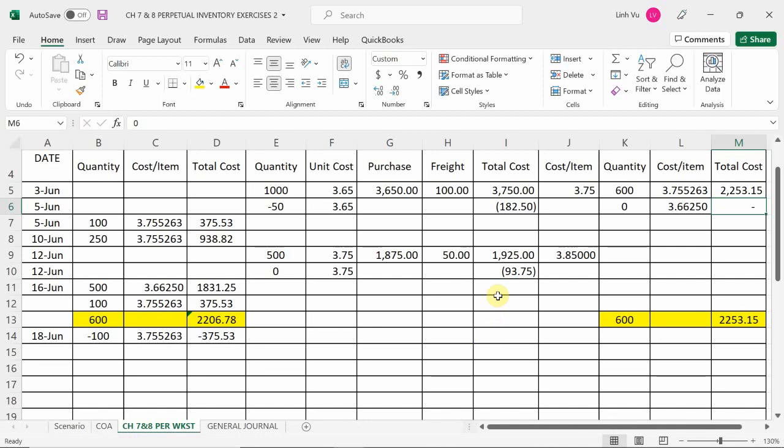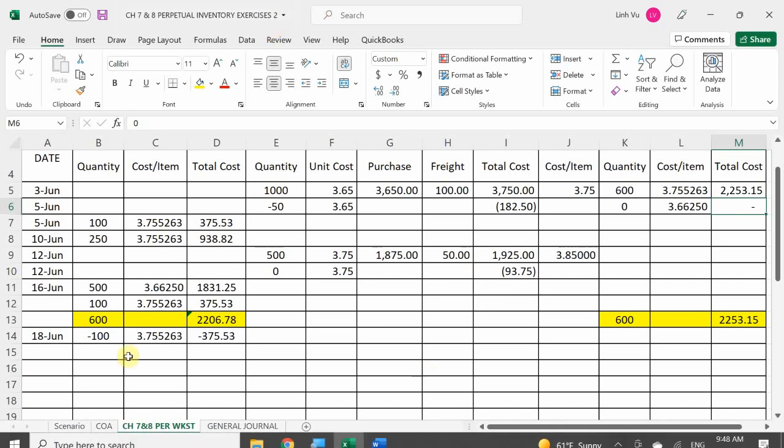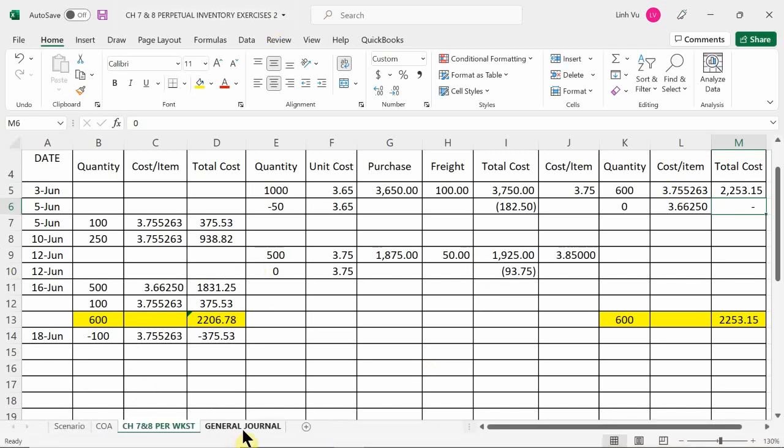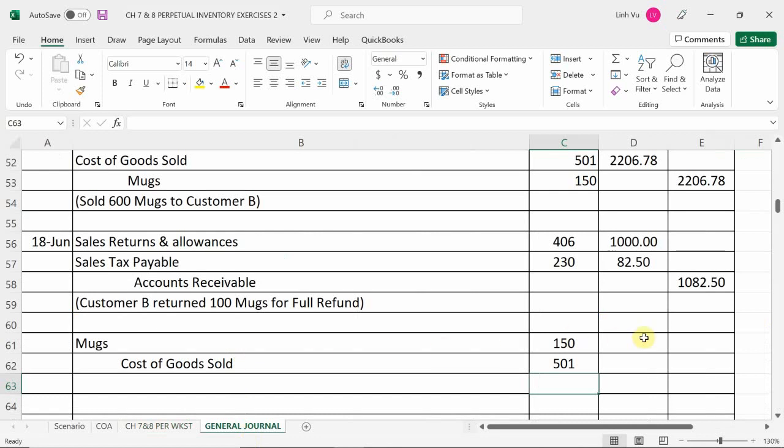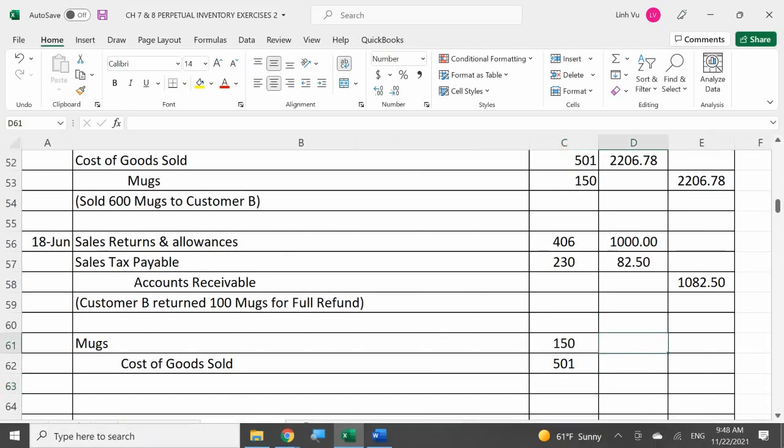The 2253.15. So bringing it back up to where I began before I took out from that account. Right? So again, my refund is for 375.53. $375.53.